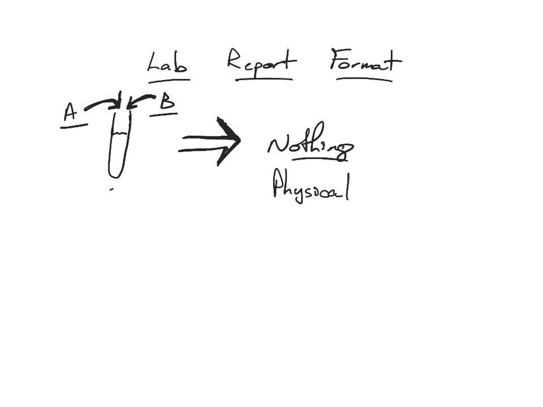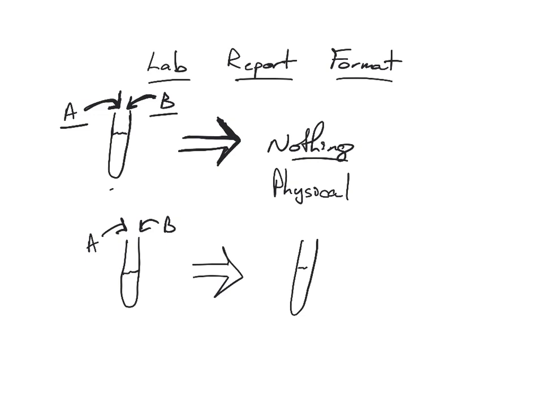Now, if, on the other hand, you had a test tube and you added A and B, and when you were done with A and B, after you mixed them, any number of things could happen. You had little bubbles forming.